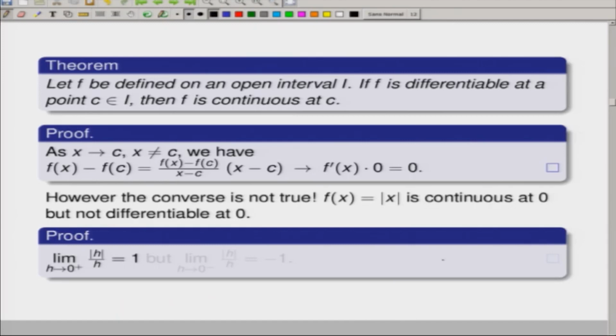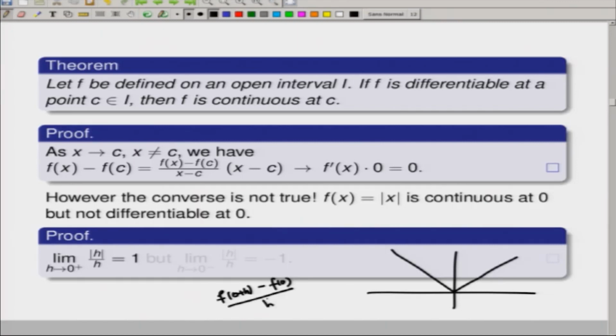Now, mod x, if you draw the graph, on the positive side it is x, and on the negative side it is minus of x, which means positive. So, here there is a drastic change of direction at the origin. Now, if I want to look at the derivative of this, we would like to look at f of 0 plus h minus f of 0 divided by h.